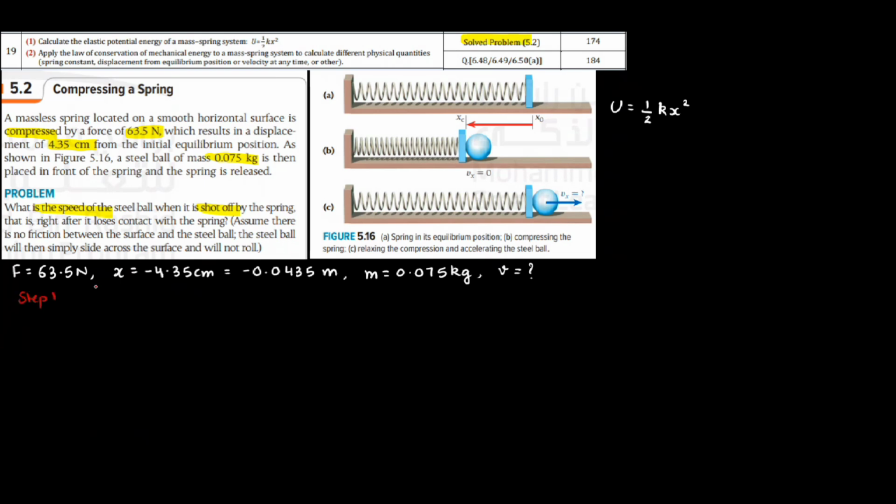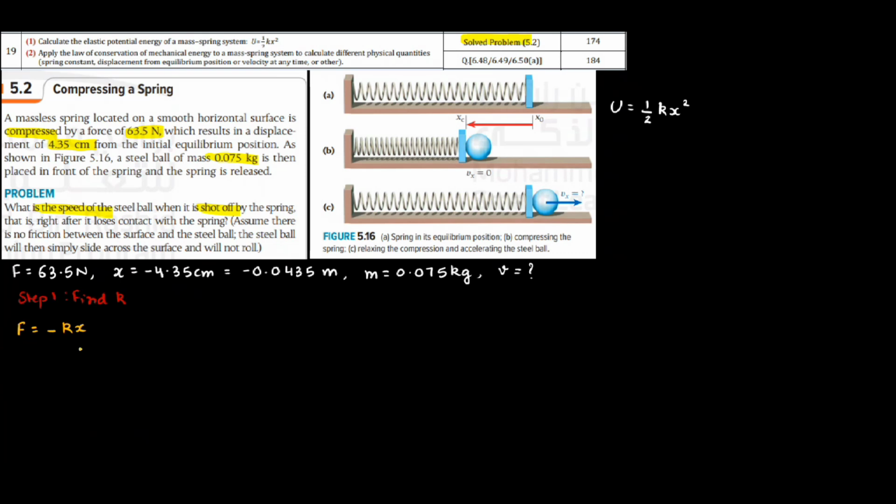So step 1, I will write as first we need to find what is my spring constant K. Question has given me the force that we apply on the spring to compress it. And there is a relationship between force, spring constant, and the displacement the force produces. That relationship says F equals negative Kx, the Hooke's law.